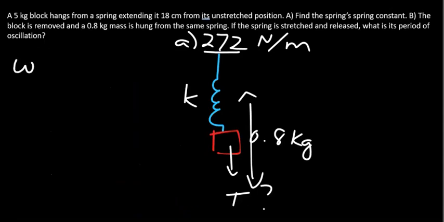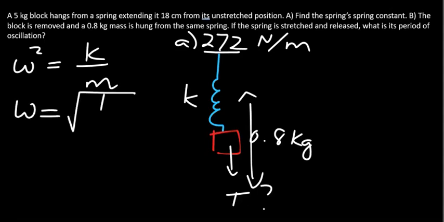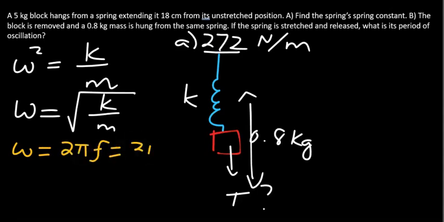So we know omega squared is k over m. That means omega is square root k over m. K is 272 and the mass is 0.8 kg. We also know that omega is 2 pi times linear frequency, and linear frequency equals 1 over period.